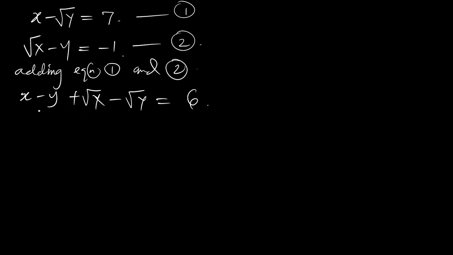If you look at this critically, based on surd rules, you know that the square root of x squared is the same thing as x, and the square root of y squared is equal to y.